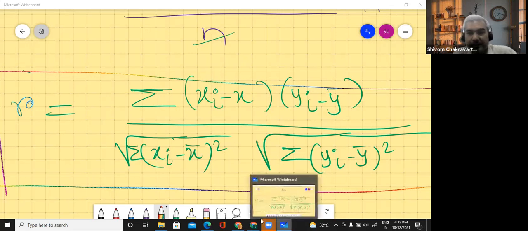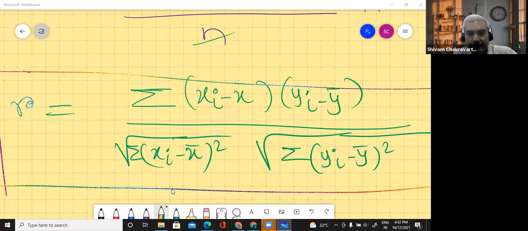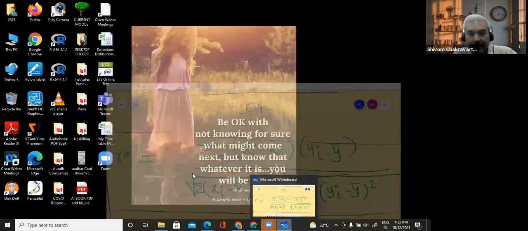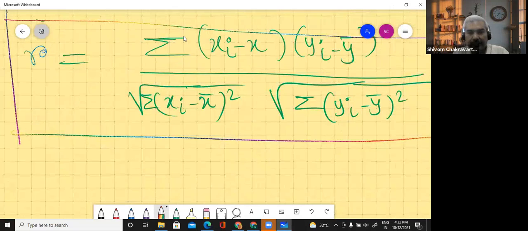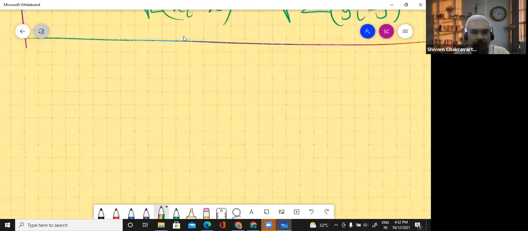So, any answers for the correlation? How we go about it is we draw a table. Let us call one variable x.